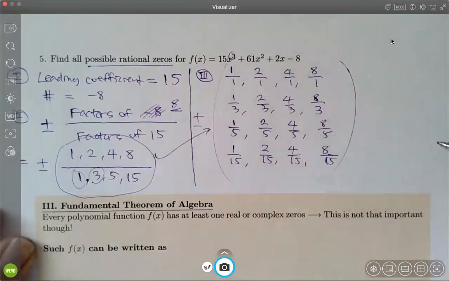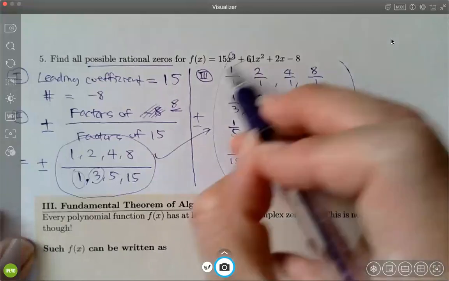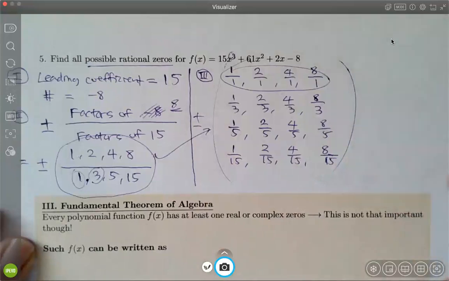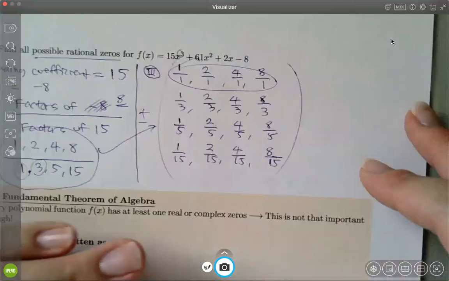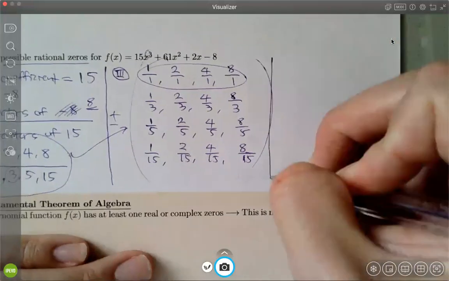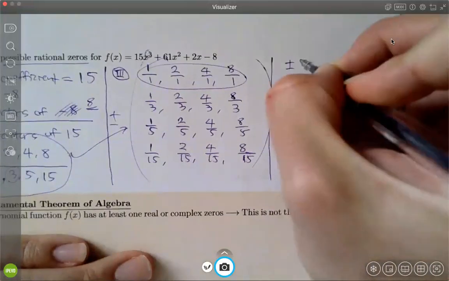Now, you can see that the only 4 fractions that can be simplified are the first 4, right? For every other one, you can verify that you cannot simplify or reduce any of them. So what is the answer? The answer is plus minus 1, plus minus 2, plus minus 4, plus minus 8.